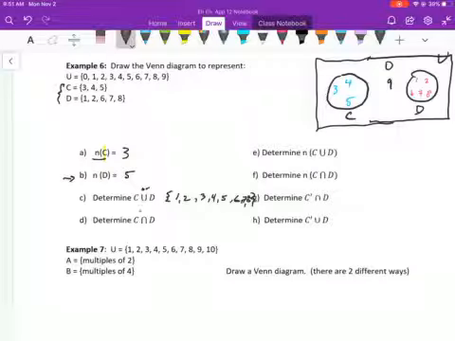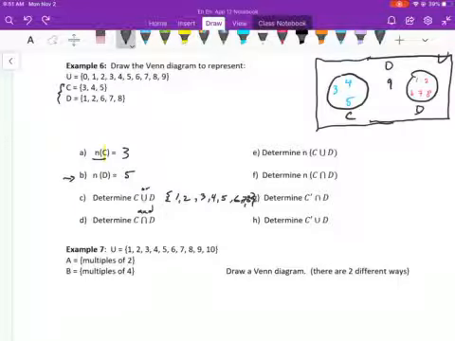Determine set C and D. So where do these two sets, C and D, overlap? So if I was to color them in, let me just highlight that. Here's set C and here's set D. Where do these two sets overlap? Well, they are disjoint.